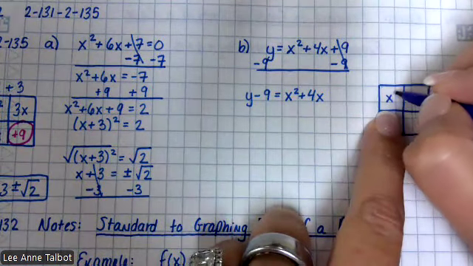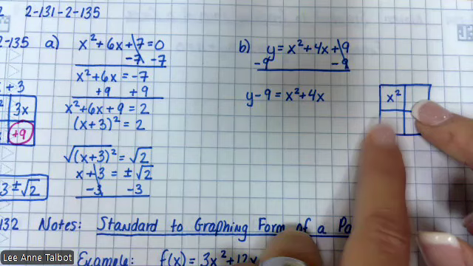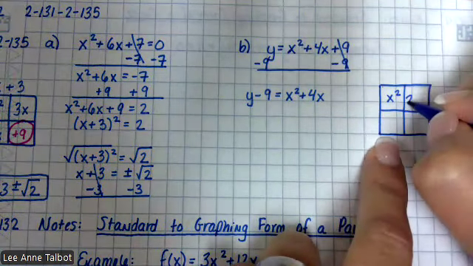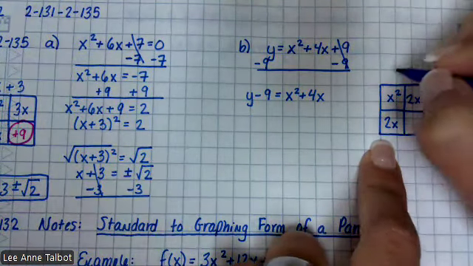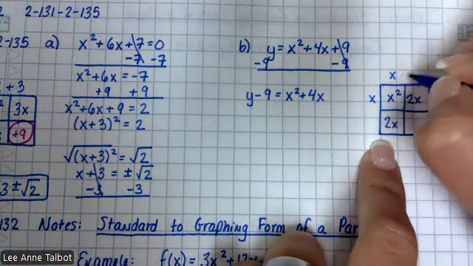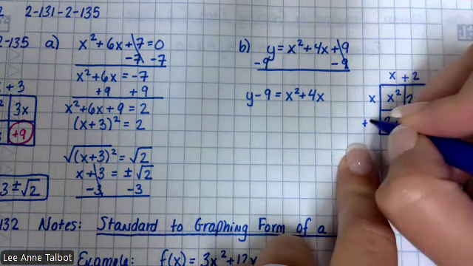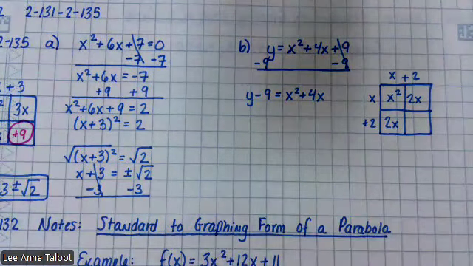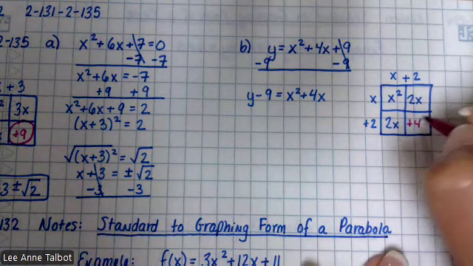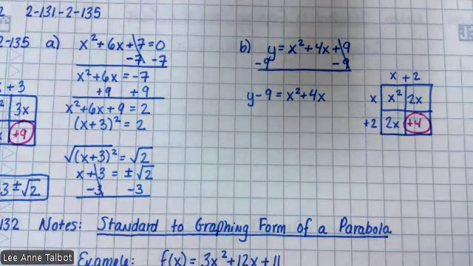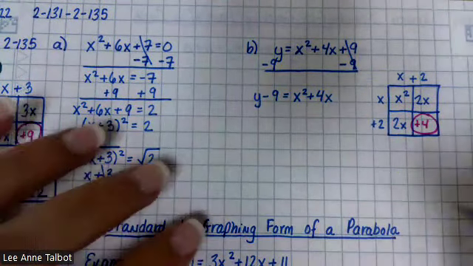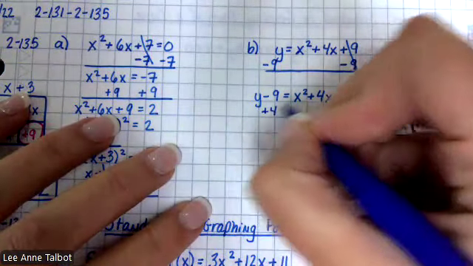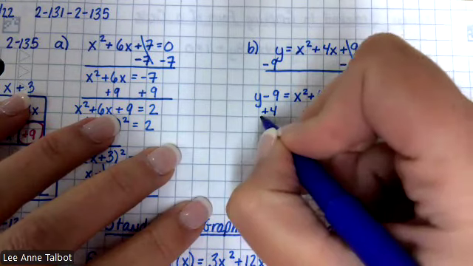X squared. And how many X tiles are going to go in each of these? 2X. You're doing it. I can tell it's coming back to you. Okay. Plus 4. Plus 4.